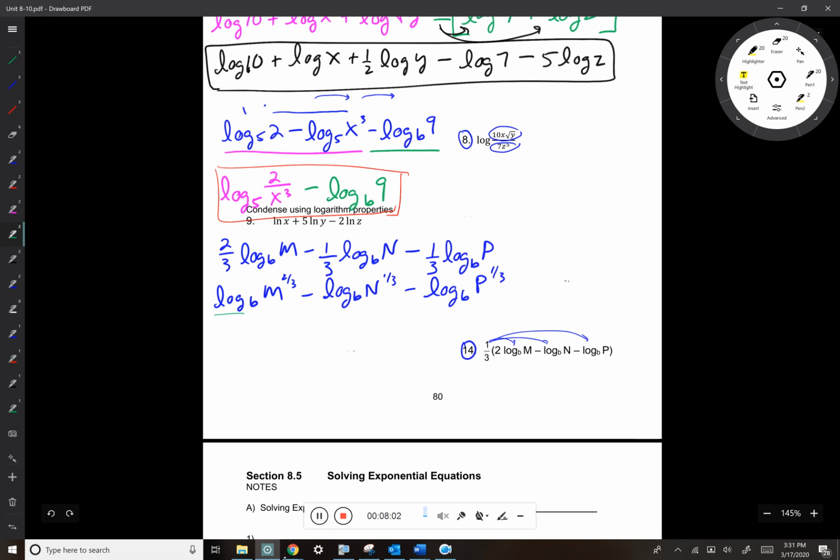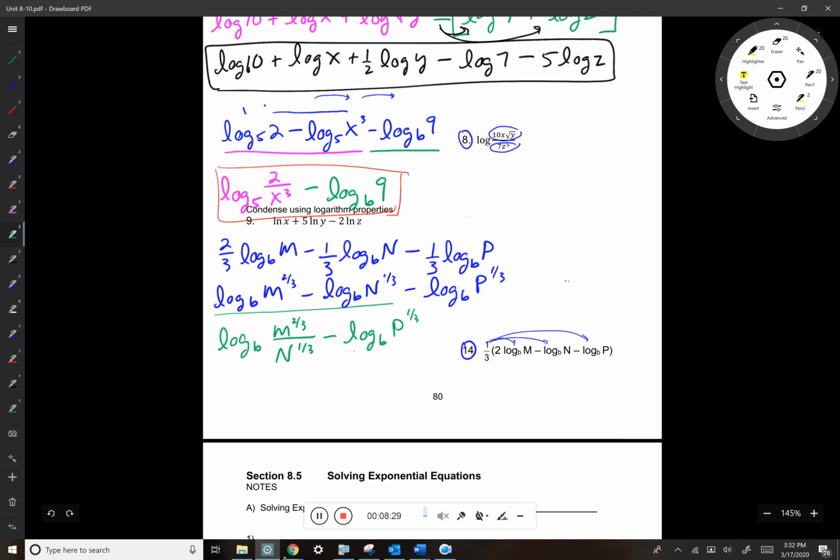I can combine these two, right, because of the subtraction. So I'm going to say log base b of m to the 2/3 over n to the 1/3. And then I still have this minus log base b of p to the 1/3.